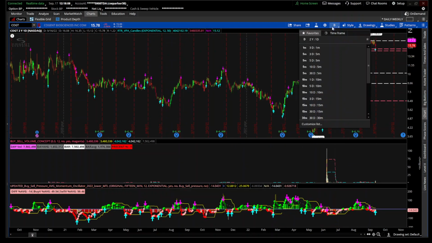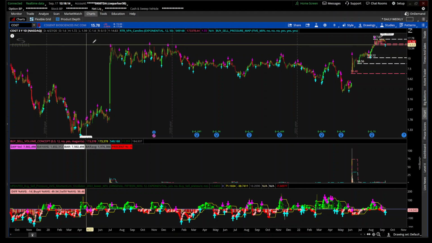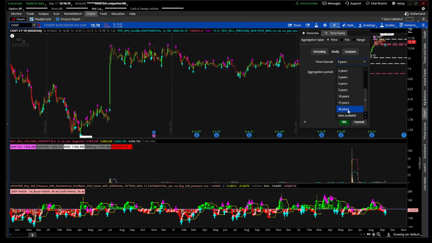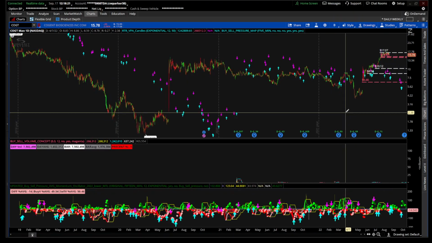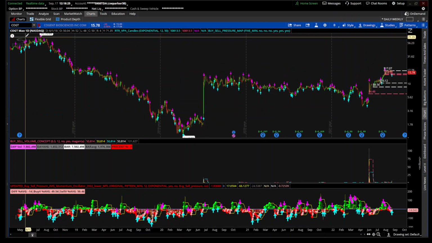And just going back, looking for another high. Let's do 3 years. This is the highest it's been for the past 3 years. Max available. So the highest this thing has been is 70 something dollars.